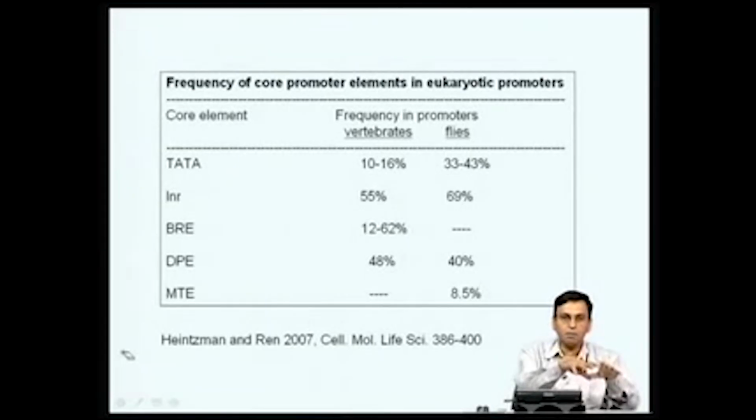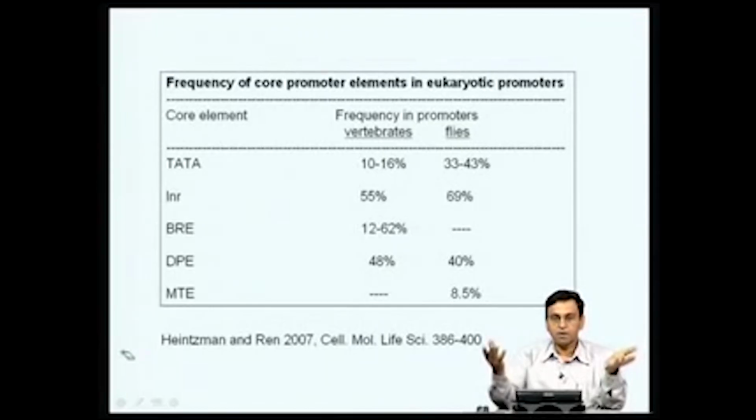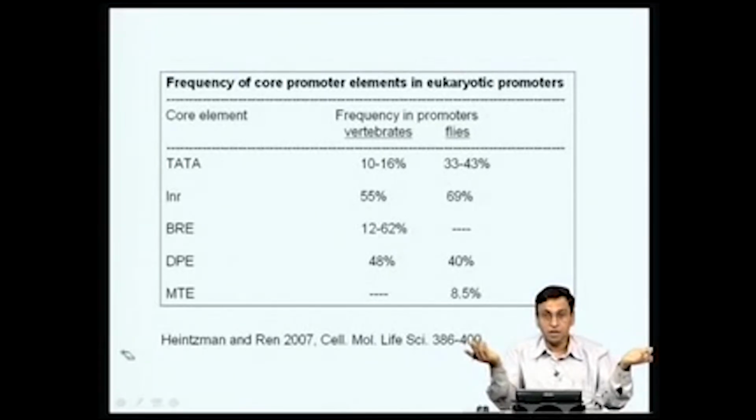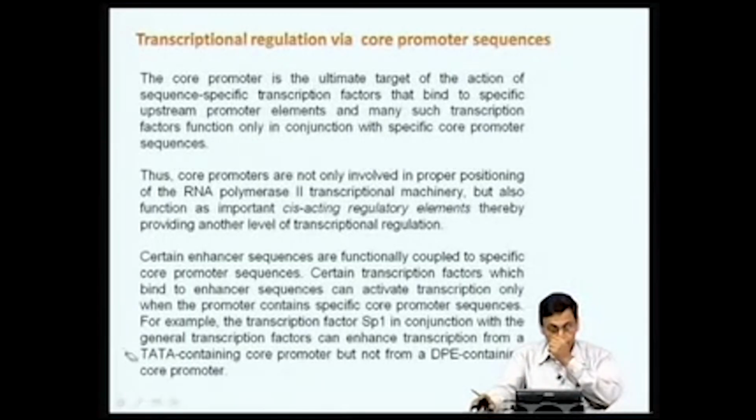Some of them contain Tata boxes, some of them contain BREs, DPEs, MTEs and so on and so forth, and this variation in the pitch, just like in cricket, makes the game more lively because the result becomes unpredictable. The same way, variations in the core promoters also add to differential gene regulation.